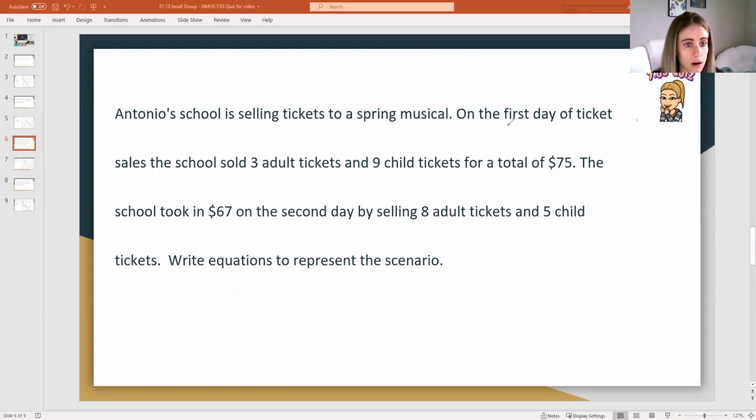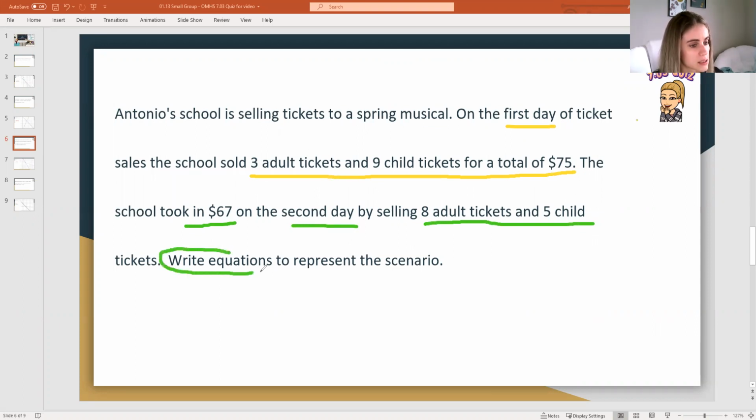So I see that on the first day, we have 3 adult tickets and 9 child tickets for $75. And then on the second day, we have $67 and they sold 8 adult tickets and 5 child tickets. And once again, my task is to simply write the equations.